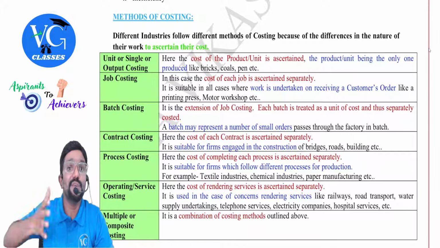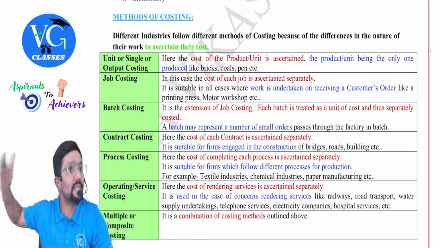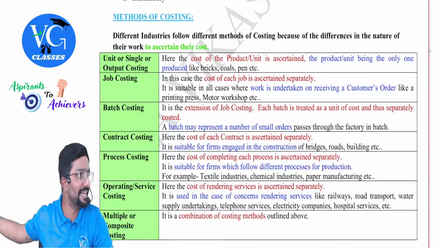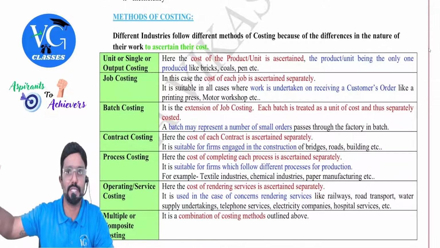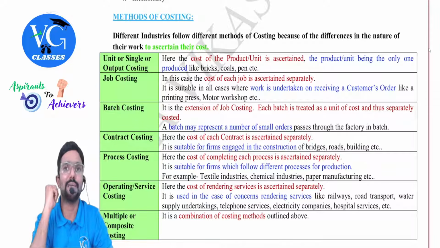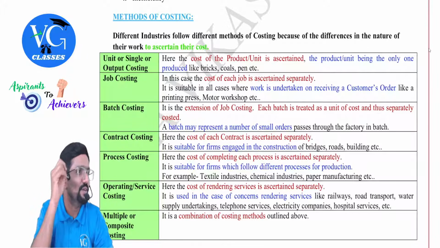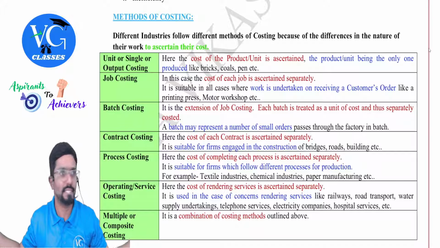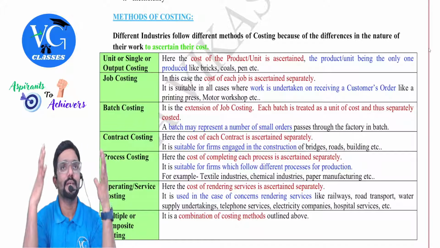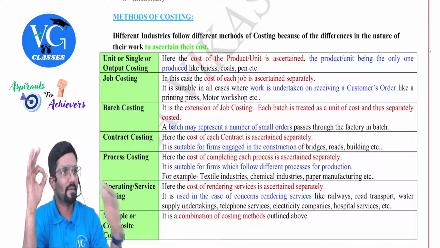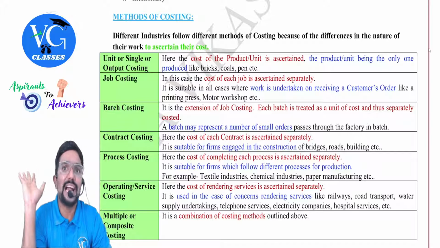Then coming to batch costing, it is an extension of job costing. When I am producing the units in batches, like 100 units, 1000 units, or 12 units like a dozen, we call it batch costing. For example, tablet manufacturing or biscuit manufacturing. Sir, will they produce one unit? No, they will produce in batches. Clear? Assume the batch size is 100. It is a standard size.